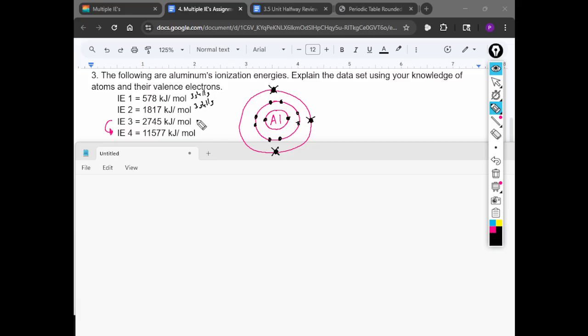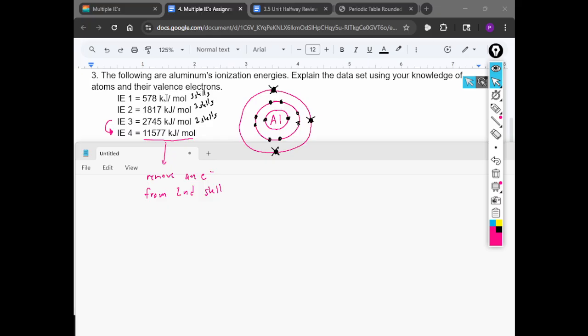Yeah, so the 3rd one is where you take away a shell. So now you are at the 2nd shell. And so that means that for IE4, you are trying to remove an electron from the 2nd shell.